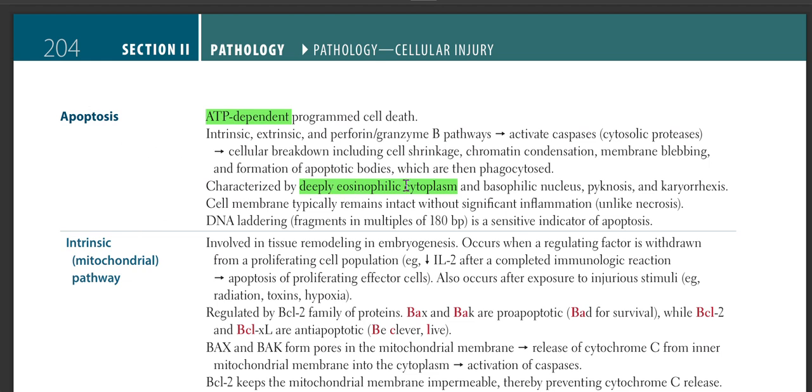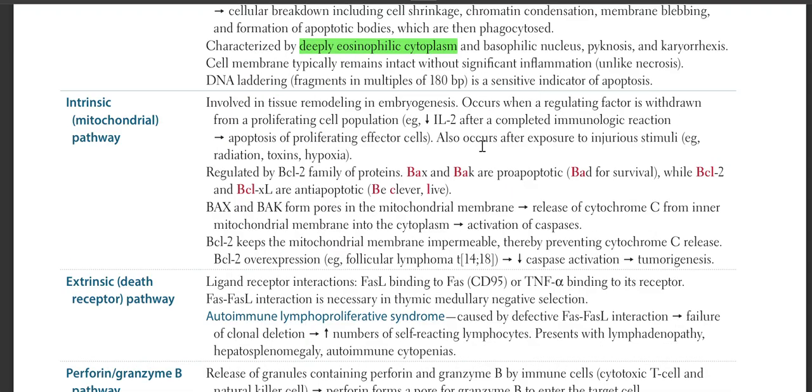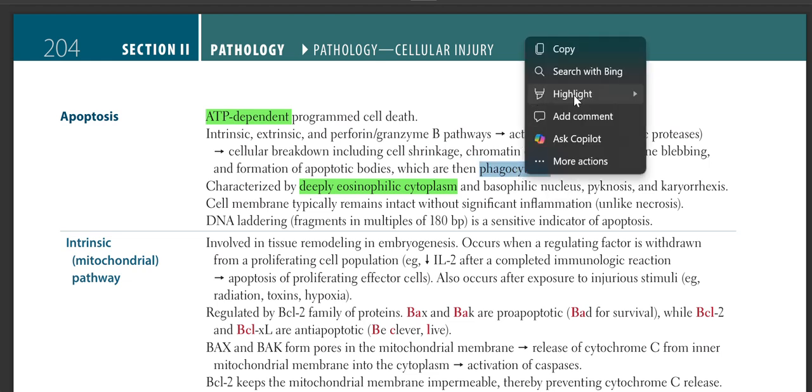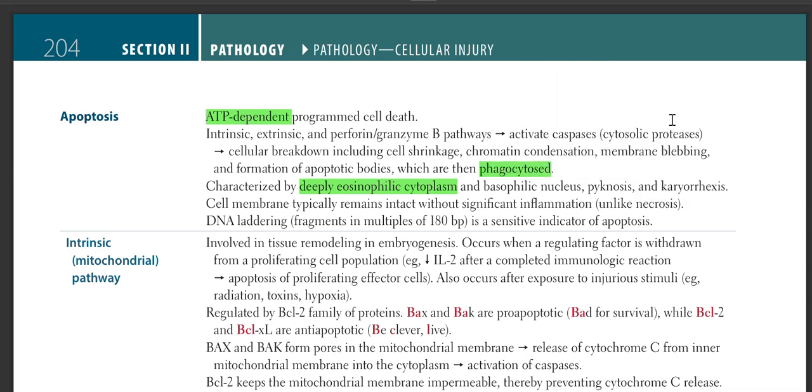So there is deep eosinophilic cytoplasm. Finally, if a cell dies because of apoptosis, it's always phagocytosed by macrophages or by neutrophils after it's been dead through apoptosis.